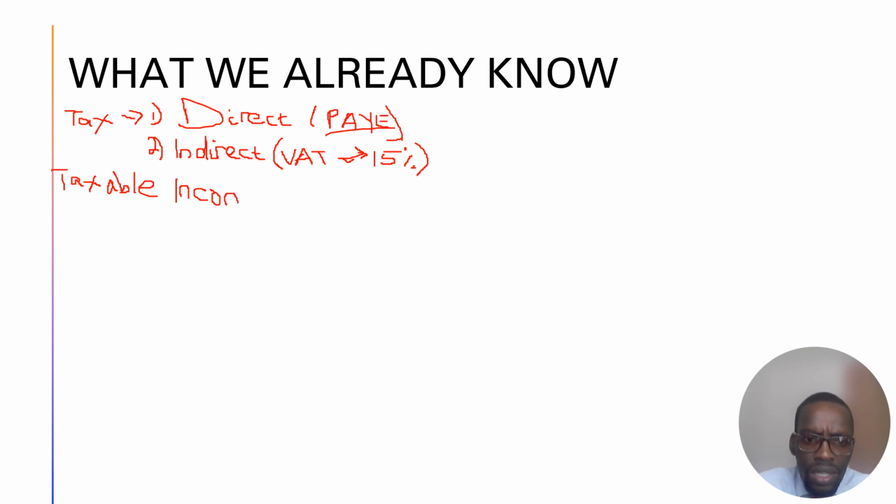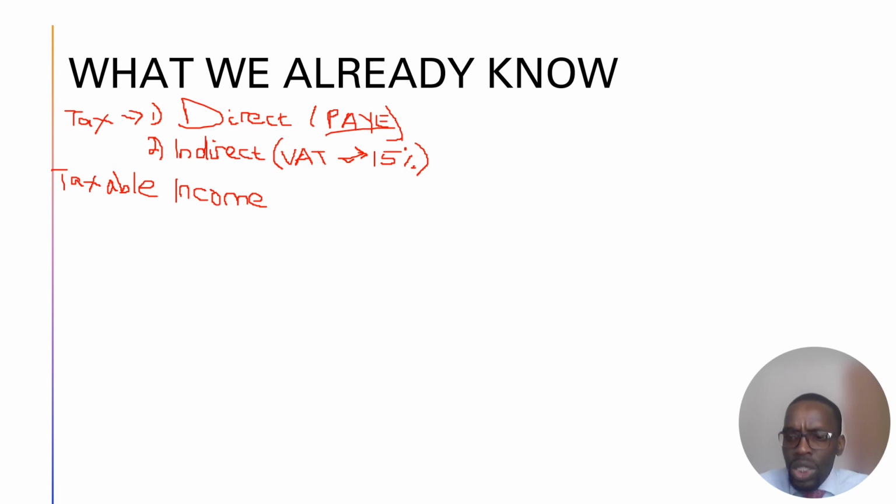Okay, this is the income that is supposed to be charged of tax. In other words, when we talk about our taxable income, we are talking about the amount of money that is going to be charged of tax. Okay, and normally this amount of money is after taking out the non-taxable deductions.